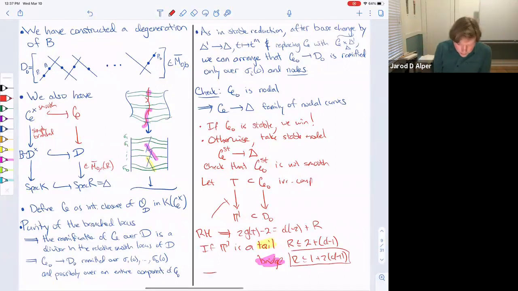So you get that 2g minus 2 is less than or equal to minus 2d plus 1 plus 2d minus 1. And if you do this calculation right, this is minus 1 here, and it forces the genus of T to be 0.